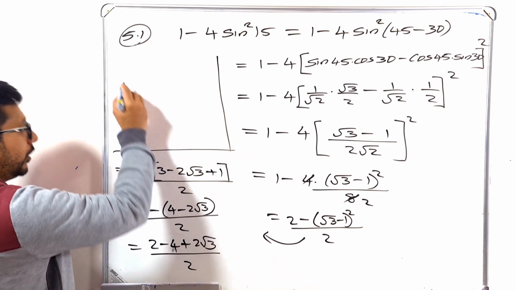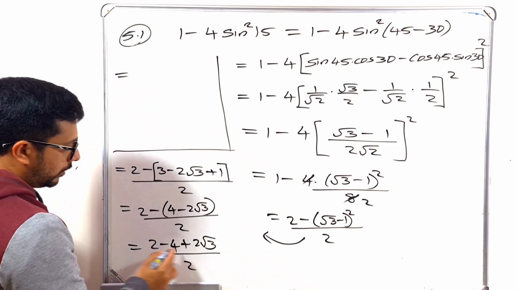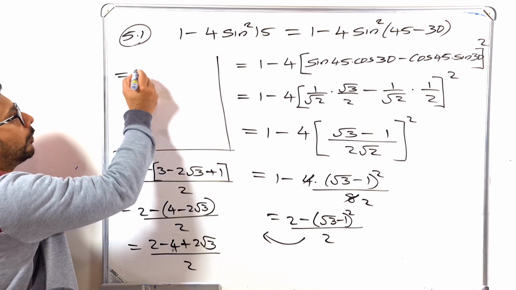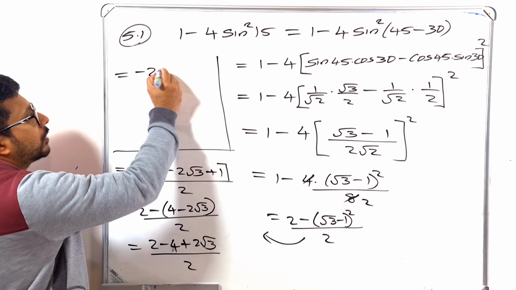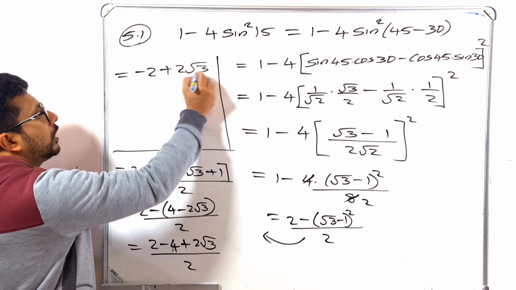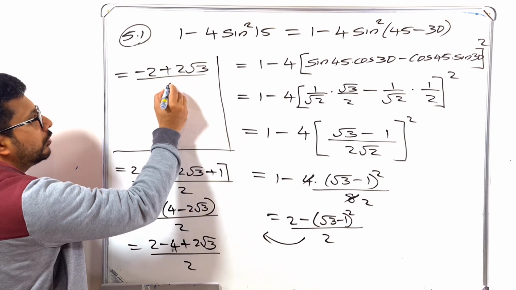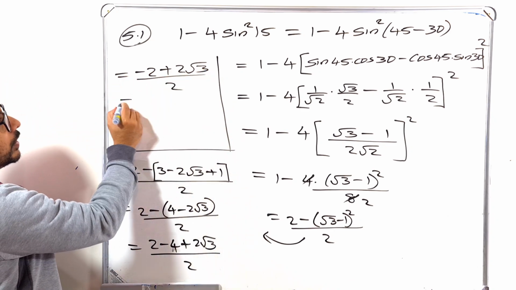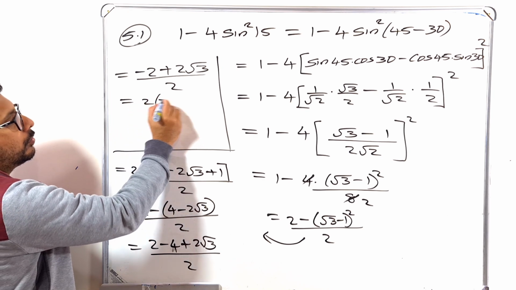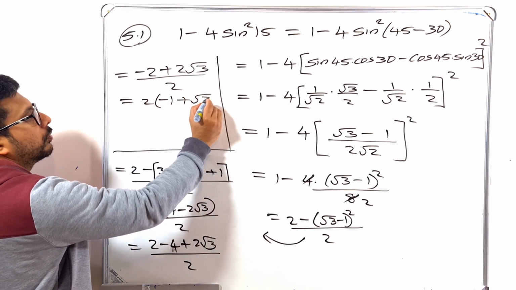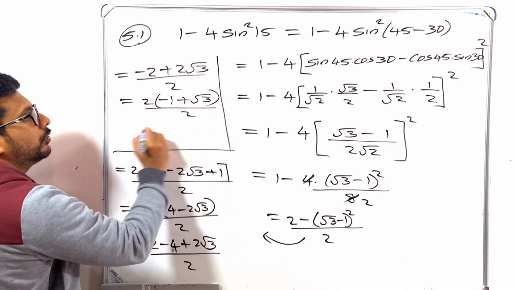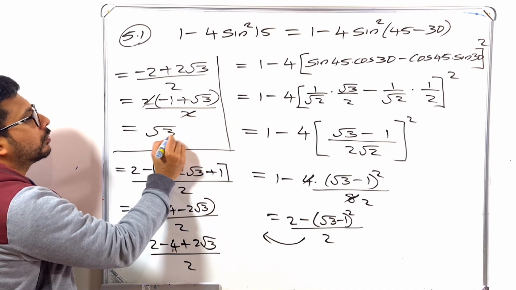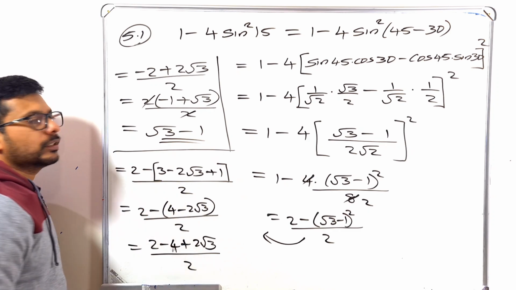It's a lengthy step, so we can check is there any other simple method. 2 minus 4 is minus 2 plus 2 root 3 divided by 2. So in the numerator we can take a 2 as common factor. So what is remaining? 2 into minus 1 plus root 3 divided by 2. So this one cancels. So what is the answer? Root 3 minus 1, and that's the answer.